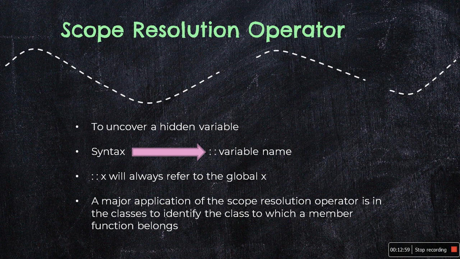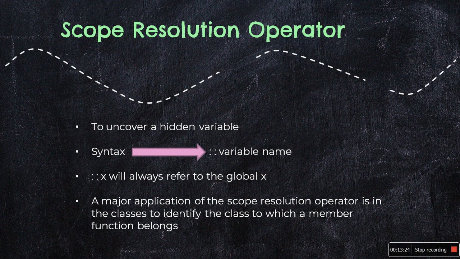Therefore, suppose you have a variable x in an outer block as well as in an inner block, then each declaration of x causes it to refer to a different data object. Within the inner block, the variable x will refer to the data object declared therein, and the global version of the variable cannot be accessed from within the inner blocks.